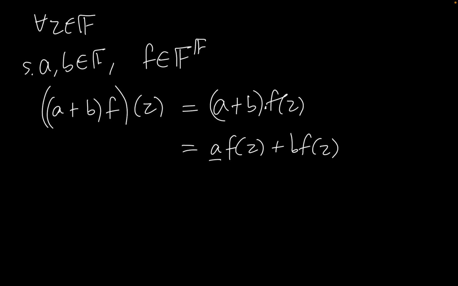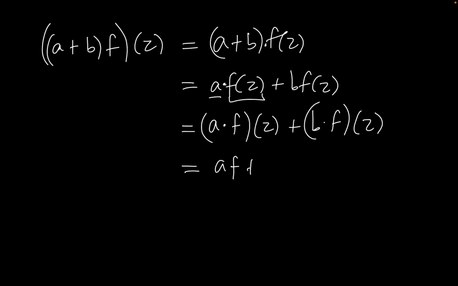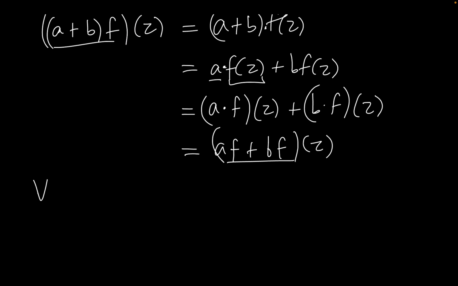Now this is a multiplied by the scalar f of z, or rather it is a multiplied by the output of the function on z, and by definition of scalar multiplication on the vector space that we defined, we can write this as a times the function f, which is a new function which acts on z, plus b times the function f, a new function which acts on z, and we use the definition of addition to make this (af plus bf) of z. And with that, we've proved that (a plus b) times f is equal to af plus bf for all z in F.